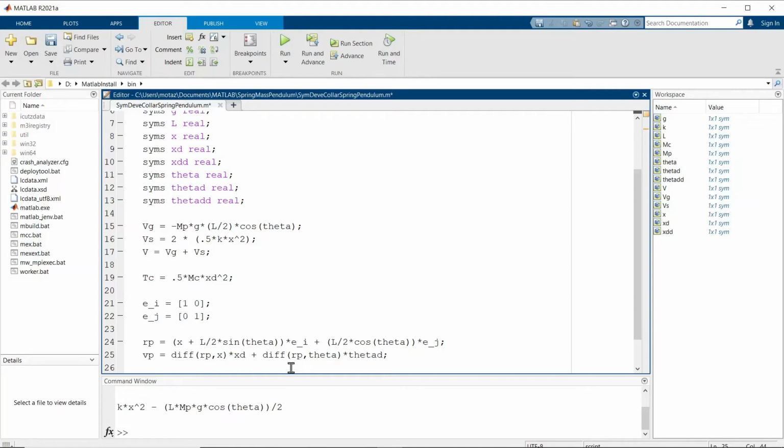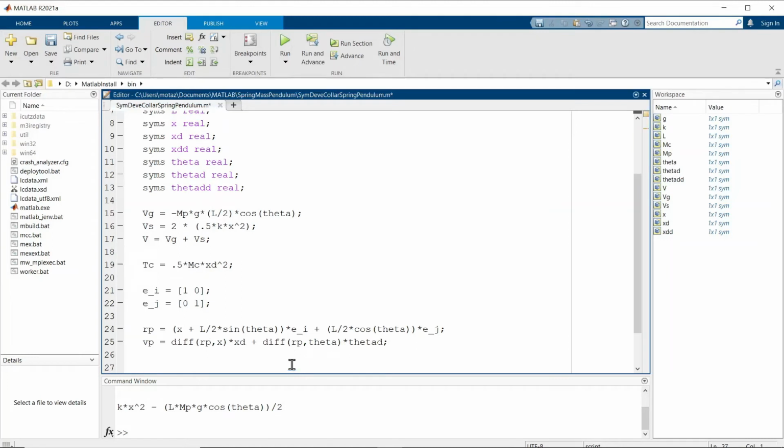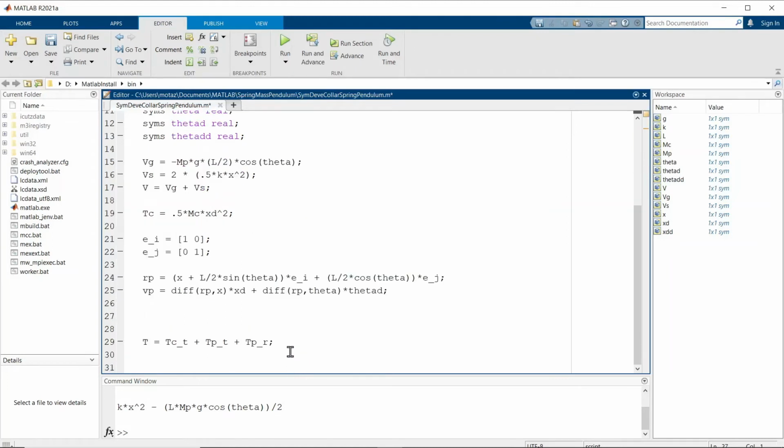So that's the velocity. Now we can get the translational kinetic energy of the pendulum. It's just going to be 0.5 times the mass of the pendulum times the dot product of the velocity with itself.